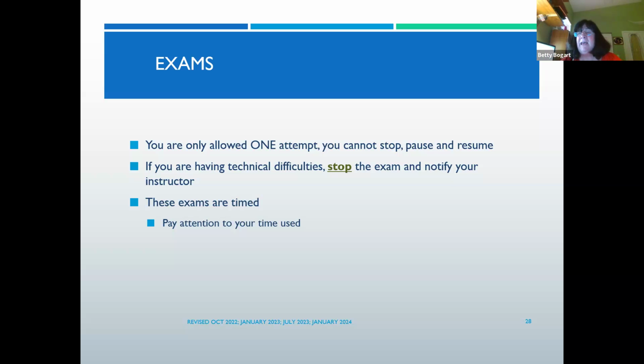Immediately send me a text message because that will be working, your phones usually. Say, I'm in technical problems. This happened. My computer went black, etc. And that will document a timestamp that will tell me that you're having a problem. Because every quiz, every exam has timestamps. Every time you touch a key, I know it.